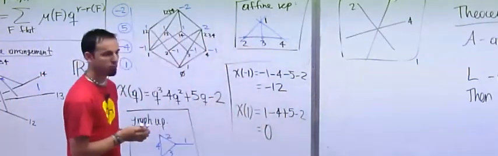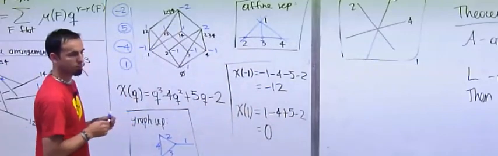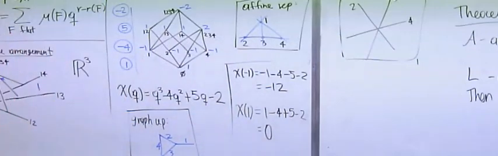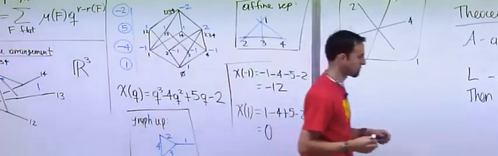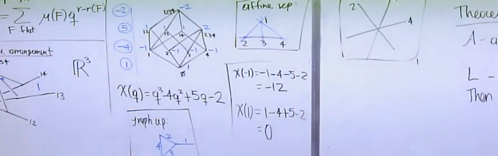Yes. Stop me if I'm wrong, but if I plug in 1 to the characteristic polynomial, I think I'm always going to get 0 out. Because it must be that somehow I've got a poset that's not a geometric lattice.